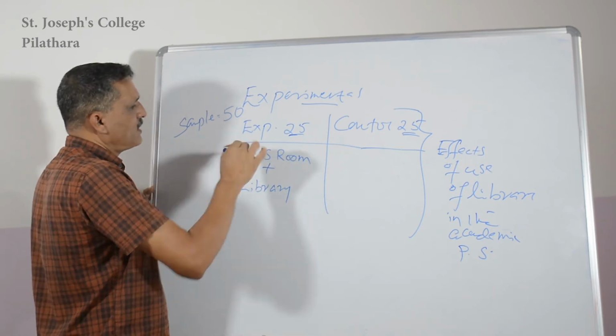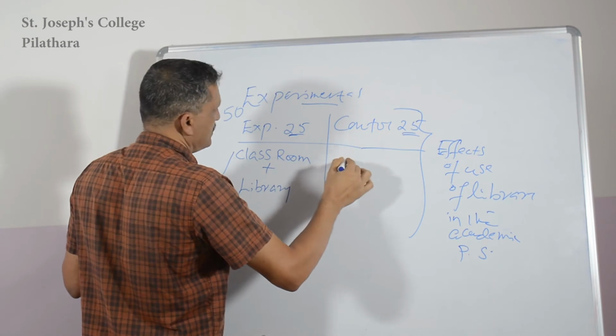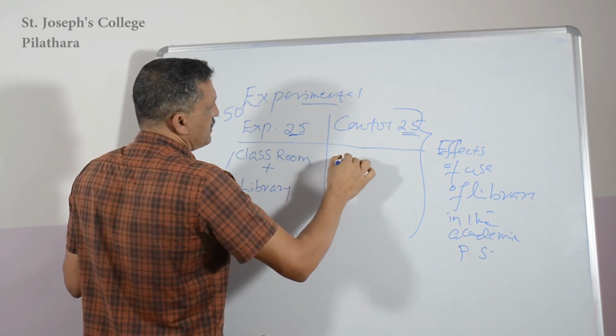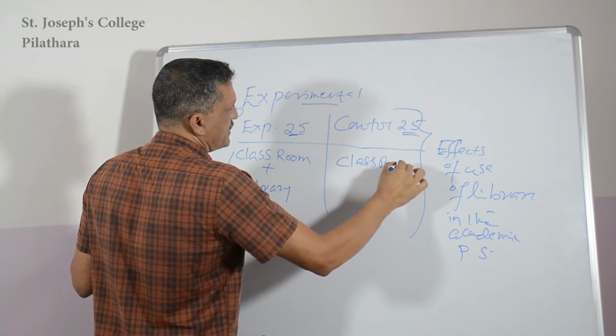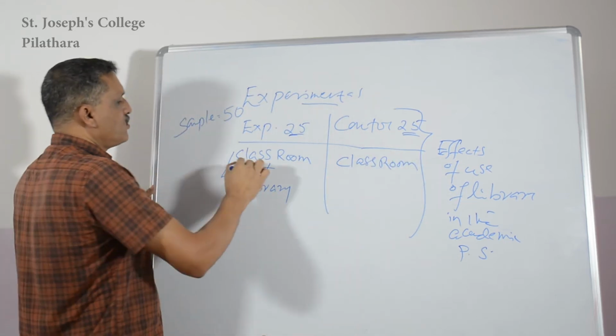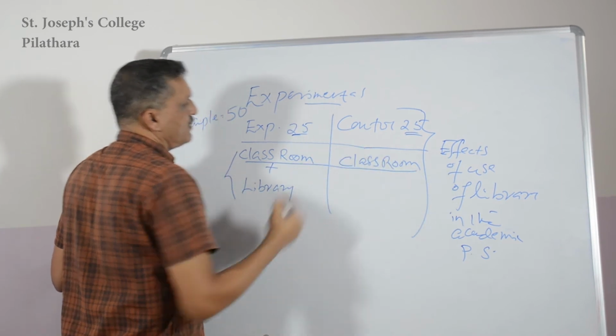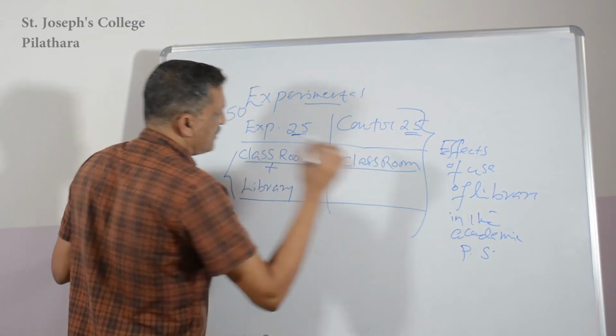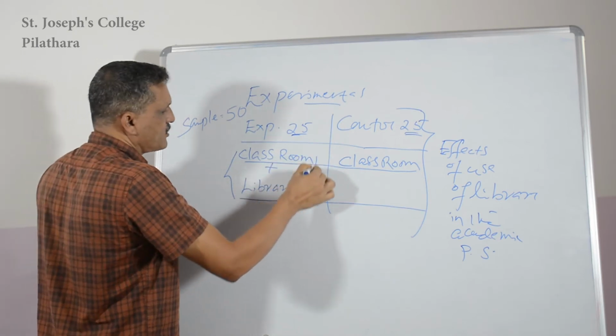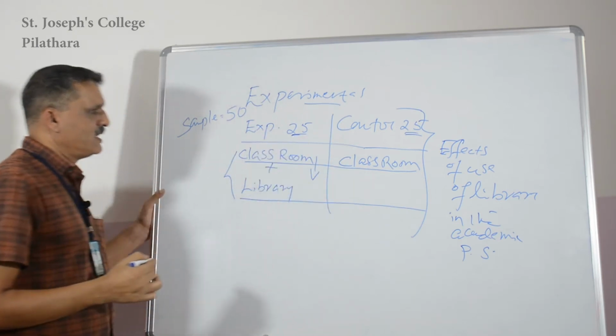This is for the experimental group, whereas the control group has only classroom sessions. So both groups have classroom sessions, but this group is also exposed to the library.